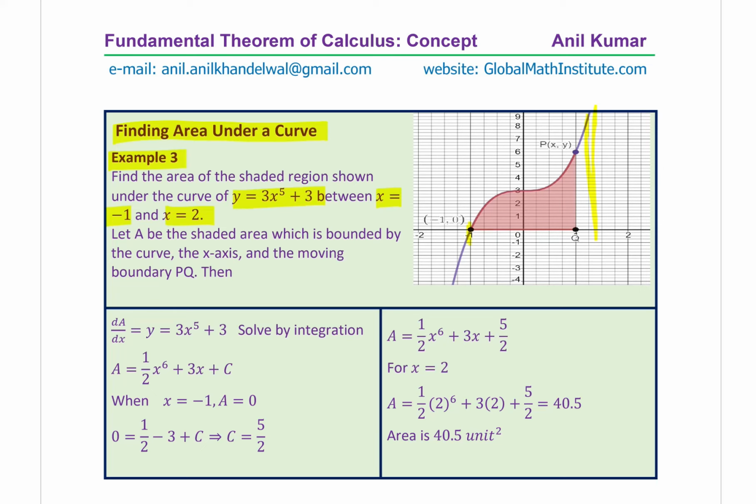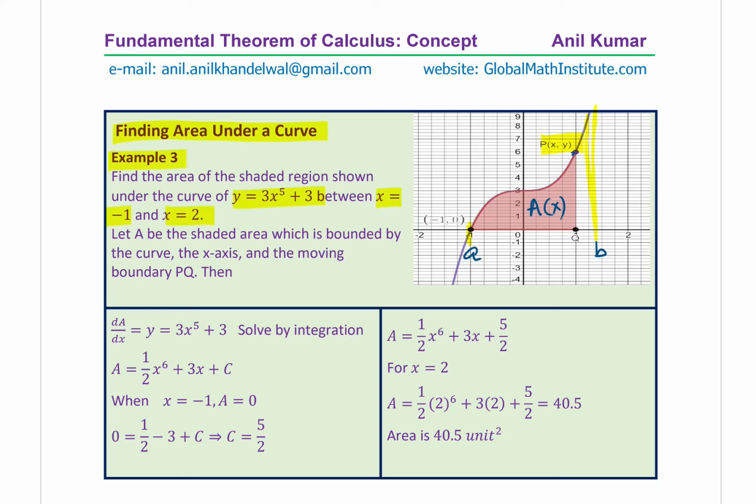As we did in the derivation, we'll take a general point P somewhere between A and B. This is the A value, this is the other extreme B. We'll find the area function within that interval, and then we'll find the area between A and B. These are the steps involved, correct?